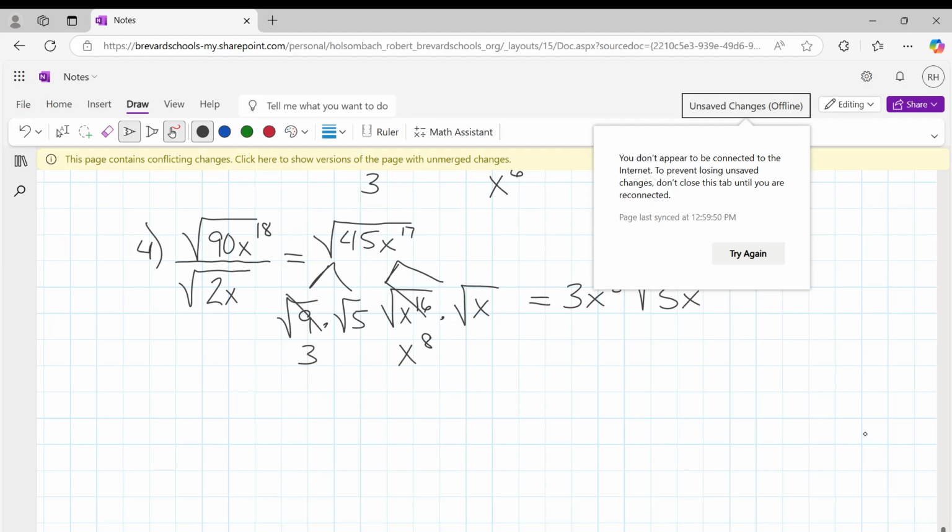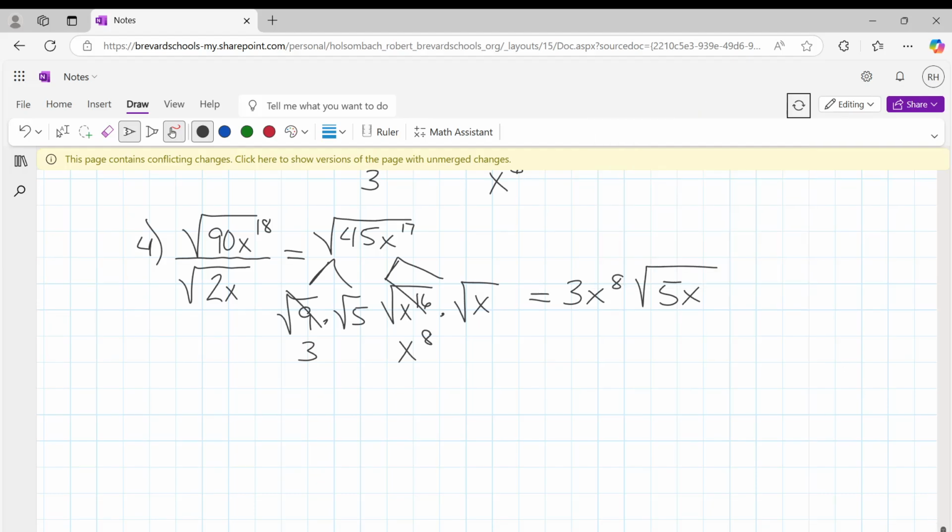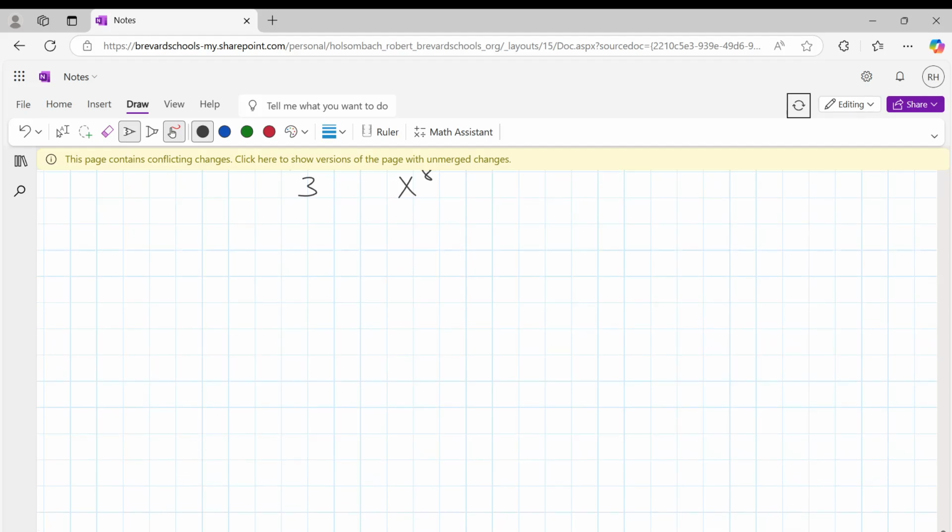All right, problem number 5. Third root of 9 over the third root of 11.